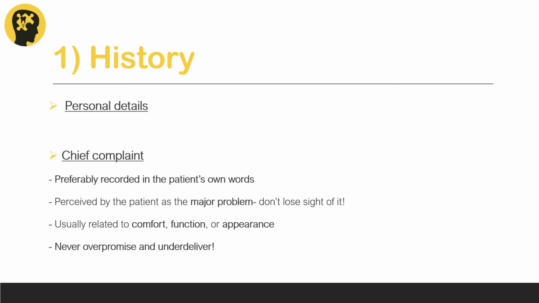For example, if the patient has pain, it is important to note down the location of the pain, the duration, the character, the factors that increase or decrease the pain, and so on and so forth. Lastly, but most importantly, never overpromise and underdeliver. We should never guarantee the patient an end result that we're not sure of, or an end result that we're not capable of. It will result in a lot of disappointment down the line, so never do it.